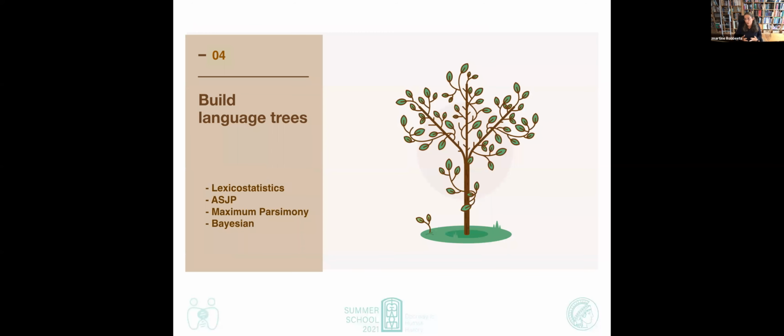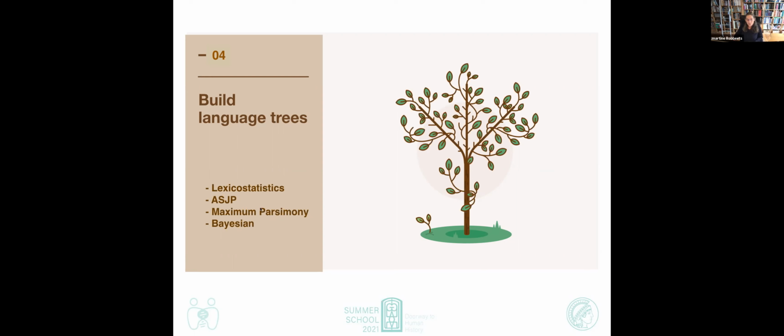And then fourth, archaeolinguists also build language trees that visualize how an ancient speech community broke up and dispersed across time and space. To this end, there are different methods. We divide the methods into distance-based methods like lexicostatistics and automatic similarity judgment program, but there are also character-based methods like maximum parsimony and Bayesian phylogenetics.